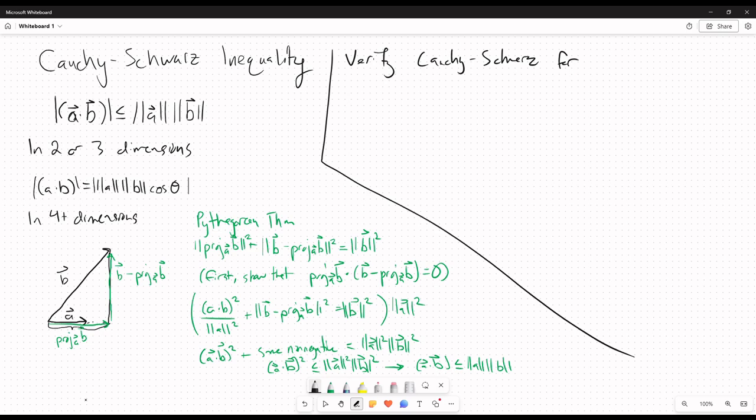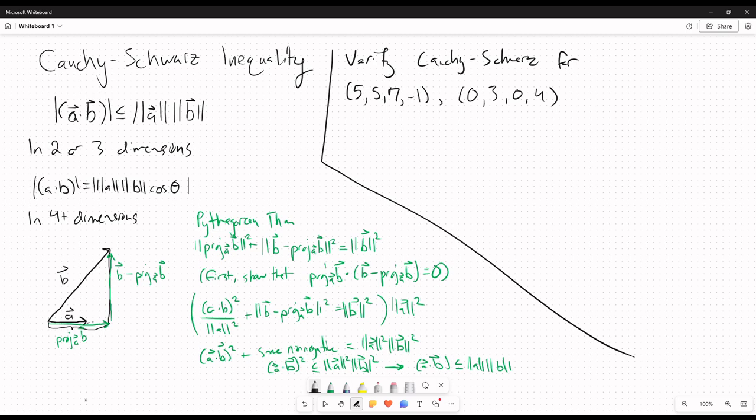We'll stick with 4-dimensional vectors. How about A equals 5, 5, 7, -1, and B equals 0, 3, 0, 4.